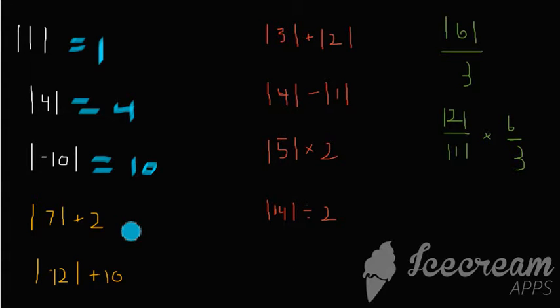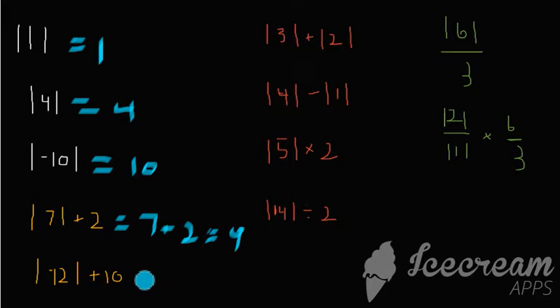And now we have absolute value of 7 plus 2. And so we'd rewrite that, or that would equal 7 plus 2, which would equal 9. That doesn't look much like a 9, but hey, you get it.